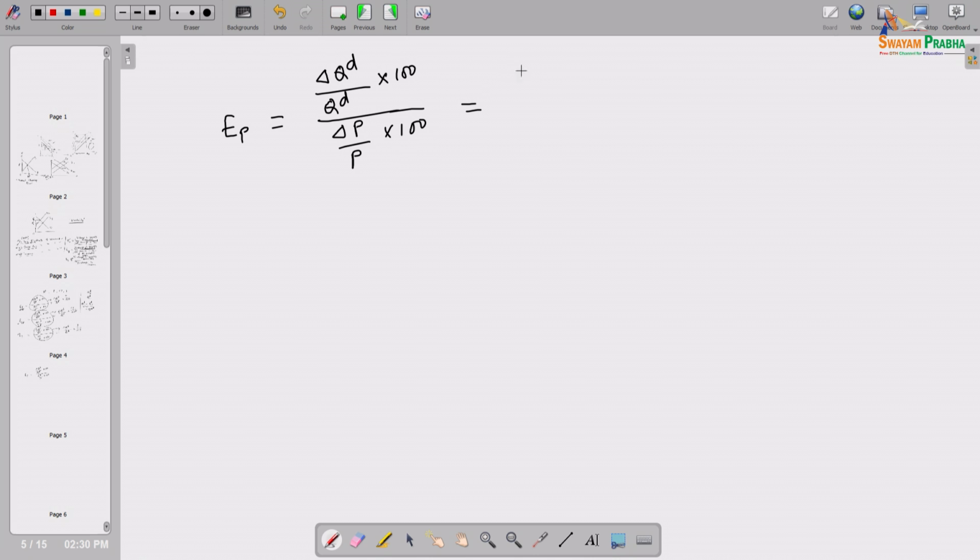If you simplify that, it will be delta QD by QD into P by delta P. That we can also write further as delta QD by delta P into P by QD. Okay. So, in calculus notation we can write that as del QD by del P into P by QD.